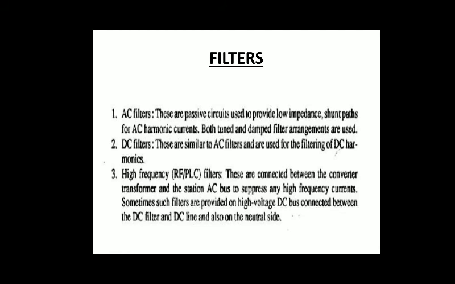So what is DC harmonic and what is AC harmonic? Suppose we have our power supply in our houses, which is generally 220 volt 50 hertz. If it contains a third harmonic, it is still AC in nature, but the third harmonic is 50 hertz times 3, that is 150 hertz.